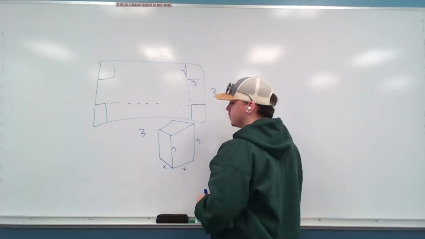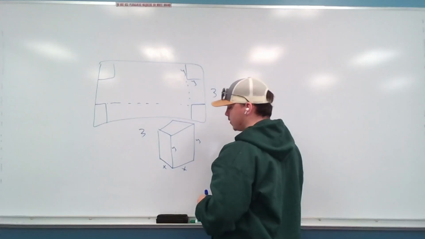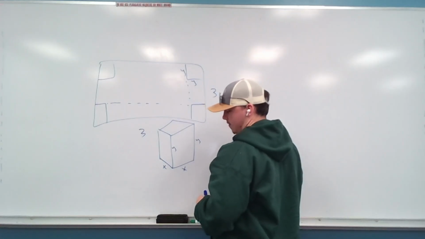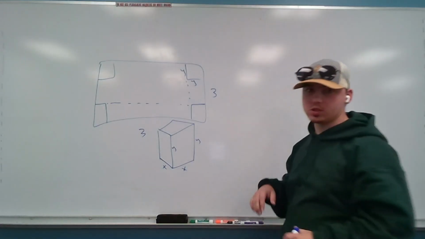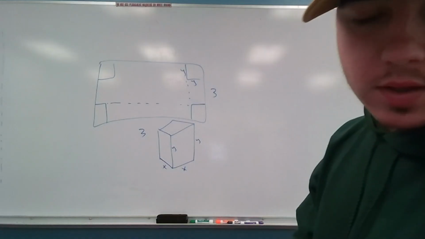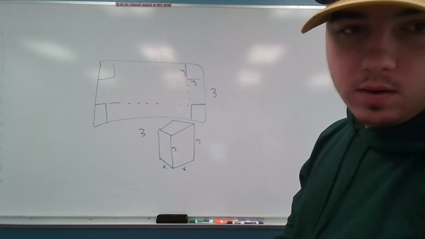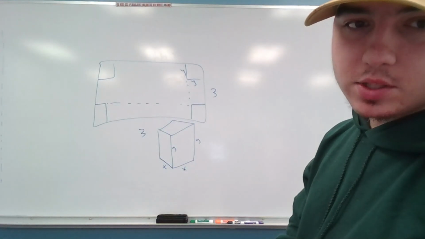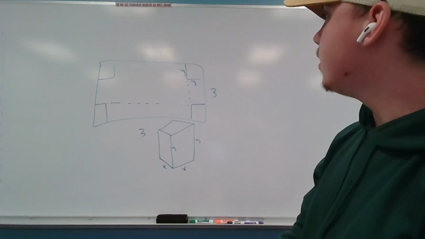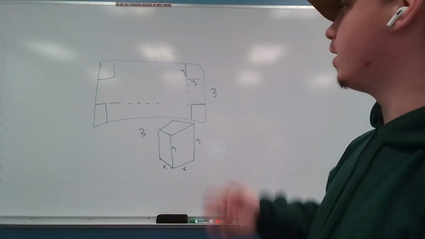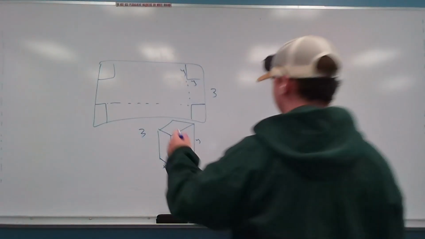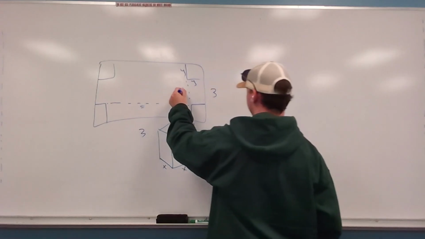So the base is going to be... Wait, does it have to be though? That's the question. What is it wanting? Cutting out a square from each corner. Yeah, so if it was a square on each corner, then it would end up that these have to be equal. This is equal to this.